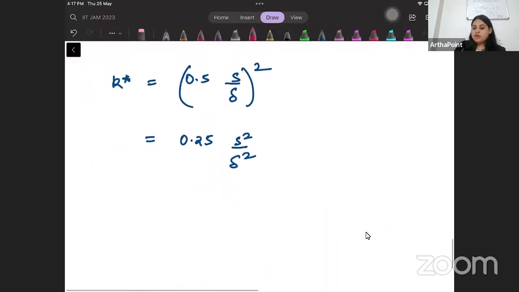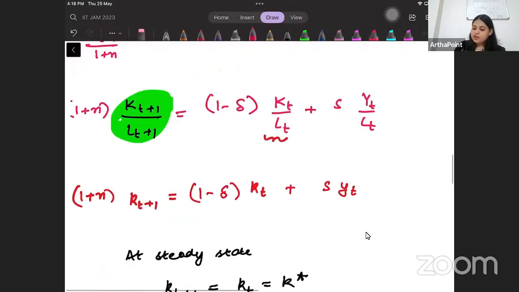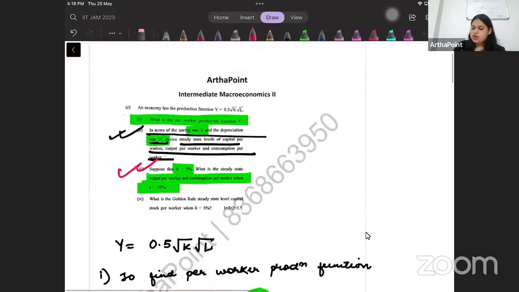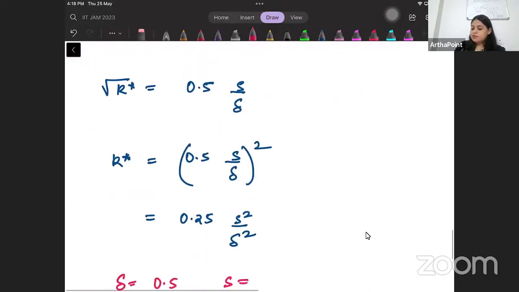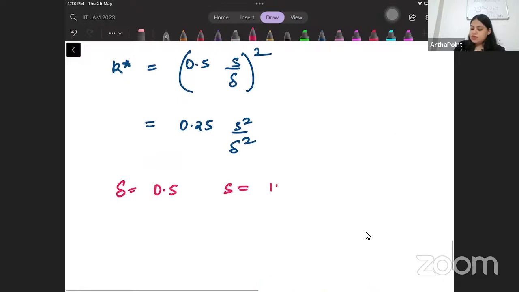So if delta is 5% and S is, how much did it say? S was 10%? 10%. S is 10%, 0.10. 5%, 0.05.